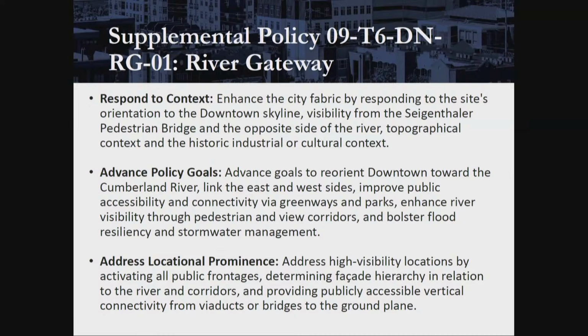And then also it addresses high visibility locations by activating all of the public street frontages, looking at facade hierarchy in relation to the rivers and corridors, and providing publicly accessible connectivity from viaducts or bridges to the ground plane.